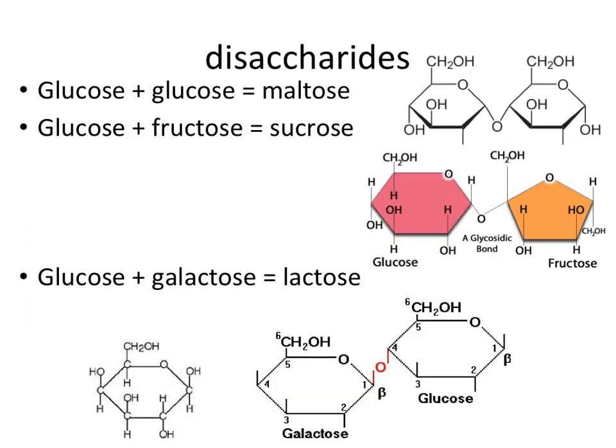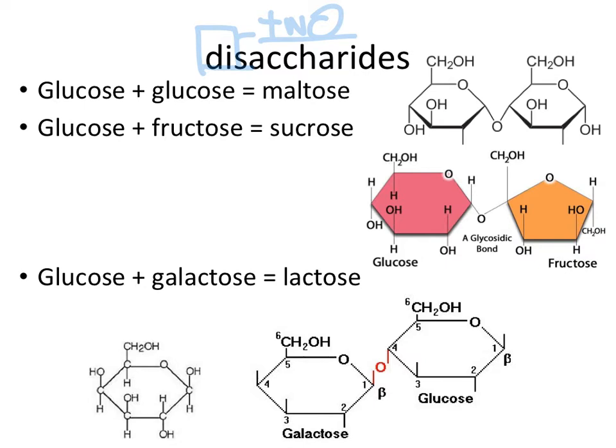All right, and now we look at disaccharides. Di means 2. Okay, so this is when you take 2 individual sugar molecules and you put them together. So just like before, we'll start over here.